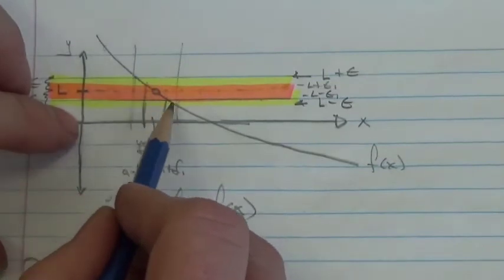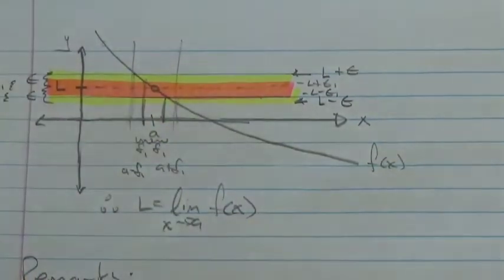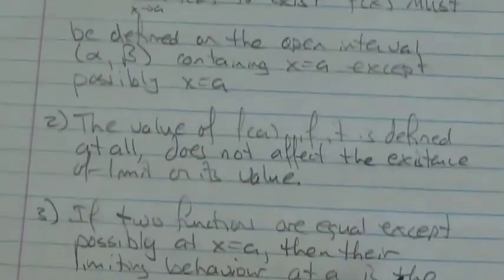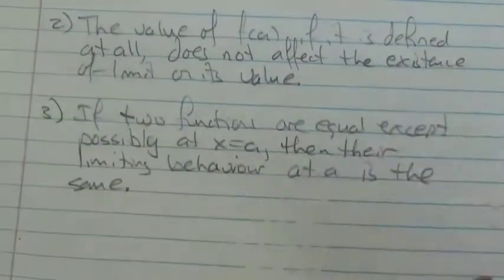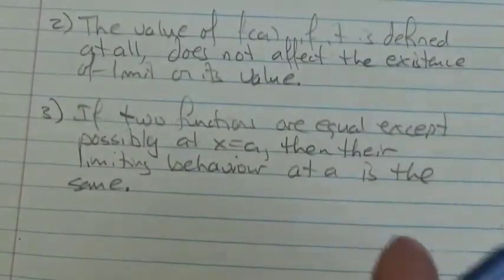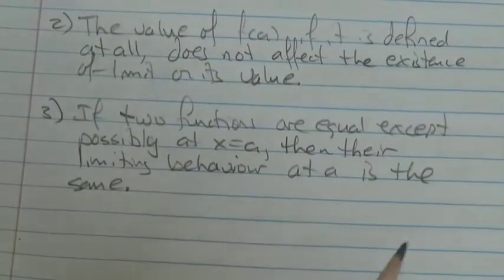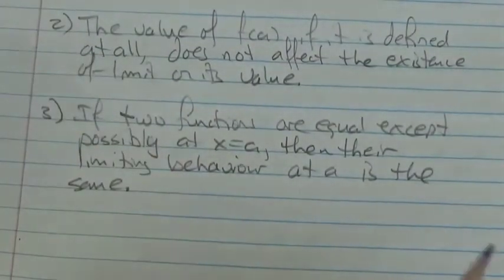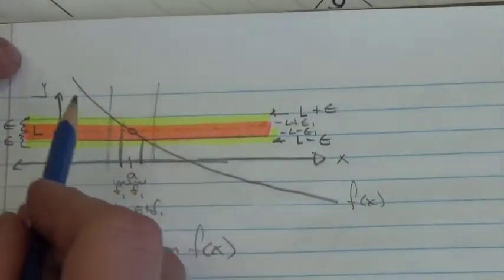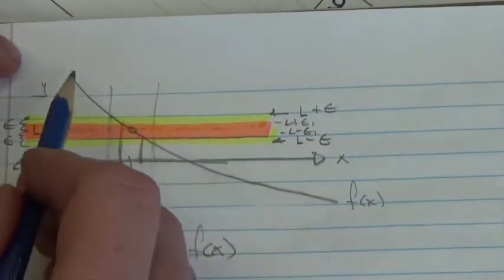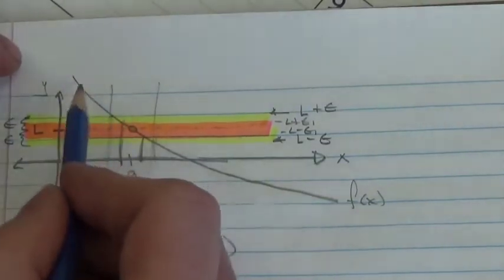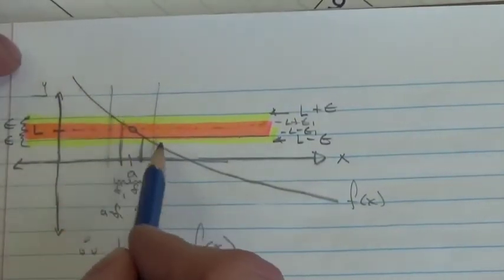Okay, where I'm drawing the line here. As long as that's true, then those two functions, if they're the same as each other except they're not the same at those discrete points, then their limiting behavior is going to be the same. So again, I might have this line and it might be a smooth line. I draw it all the way through here, but then the next one's got a whole bunch of little holes in it.